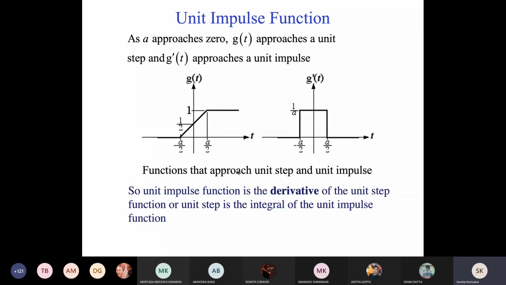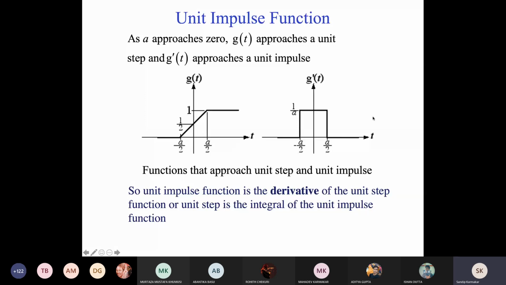So the unit impulse function is the derivative of the unit step function.